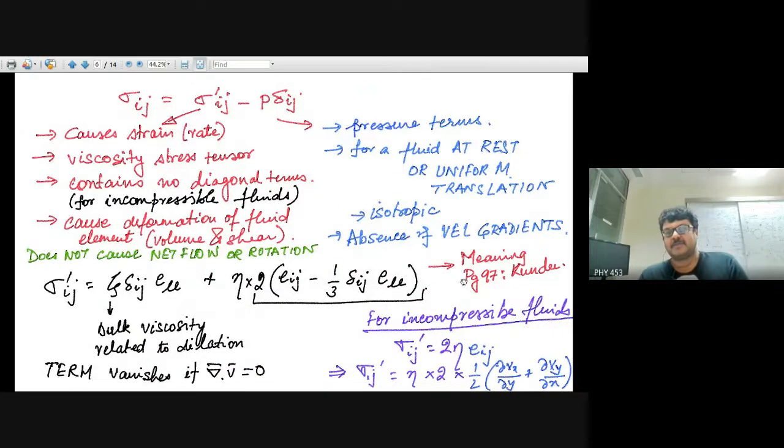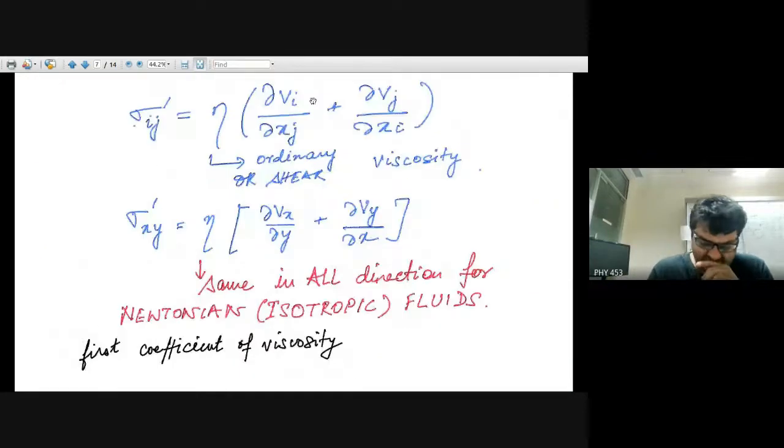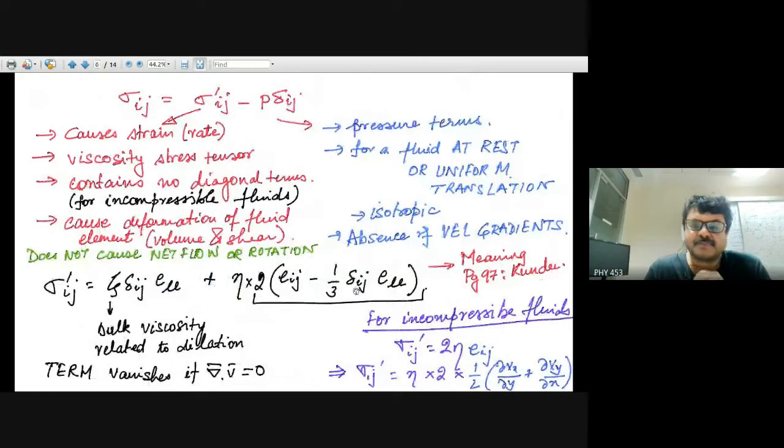So this equation is copied in the slide here. So here the point is, you also have this term, and you have an eta sitting in front of it.